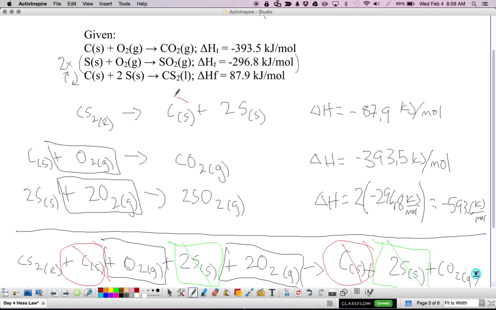Here's my carbon that's being produced, and here's my carbon that's being consumed. Okay, so those can get canceled. Here's my 2 sulfurs, and my other 2 sulfurs. So those can be canceled out as well. So then I don't have to do this step here where I write everything out. I can just write out what's actually produced in the product. Okay?